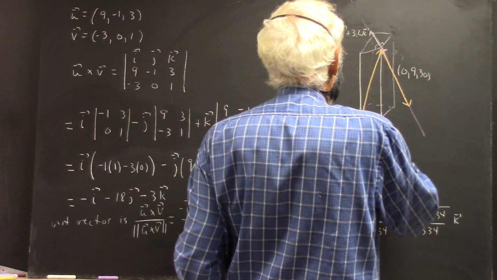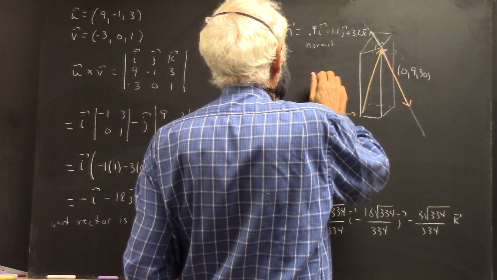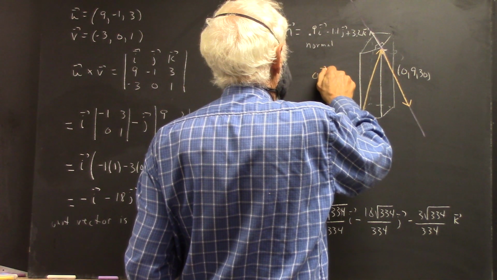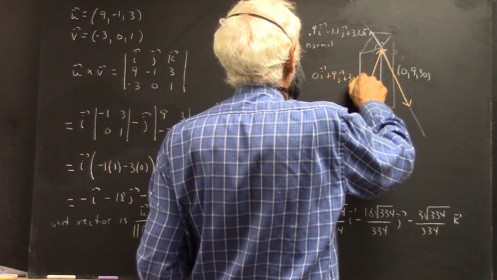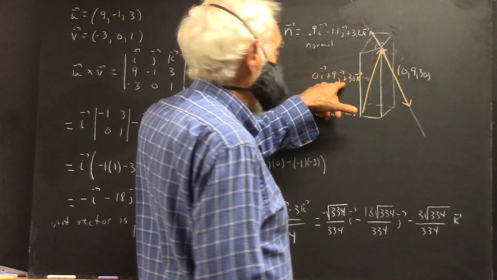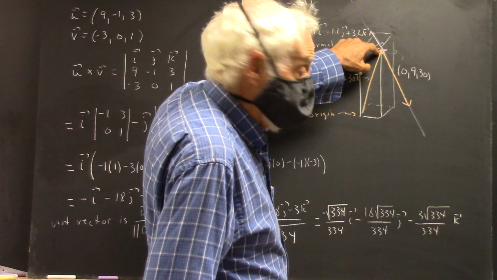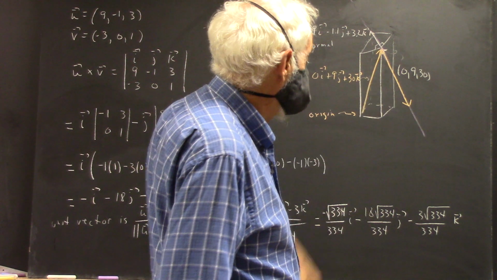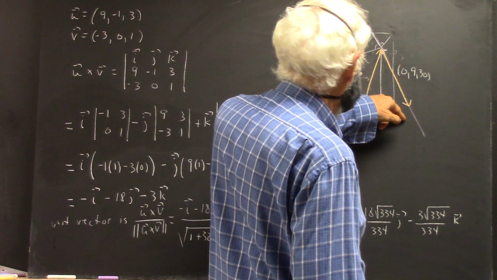Okay, so this vector is the vector 0i plus 9j plus 30k, because that's a vector that takes you from the origin up to this point. And then we have a vector -3n.